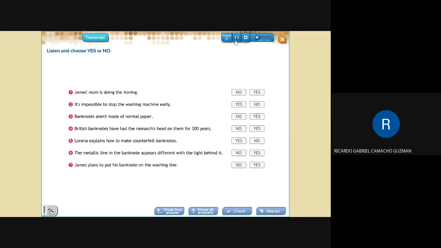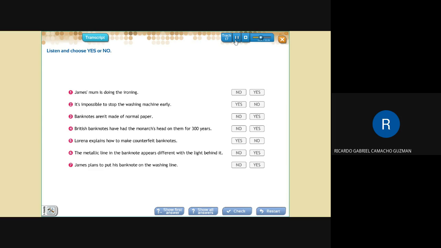No, why? Because there are some coins inside the machine. Listen. Oh no! I had some money in my jeans. Stop the machine. Calm down. You can't open it now. You'll have to wait. But Lorena, it's not just coins. I had a £50 note in my jeans. You had 50 quid. How come? My grandma gave it to me yesterday. I plan to put it in the bank today.